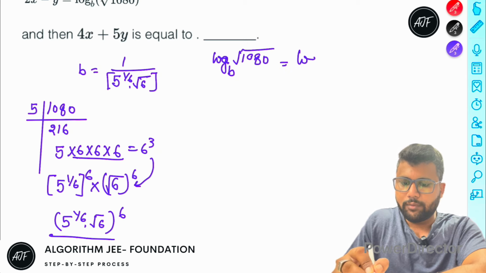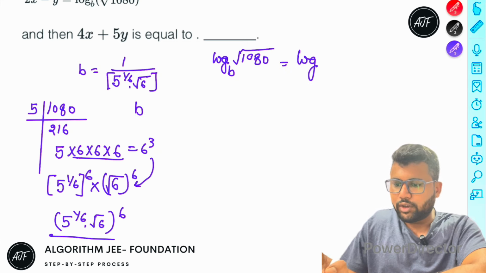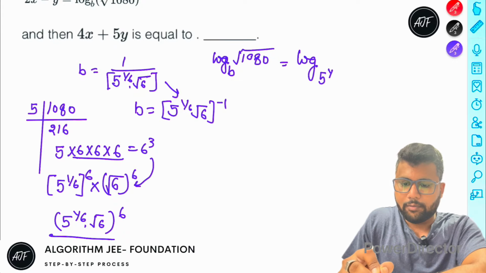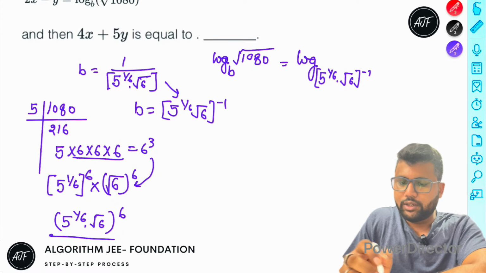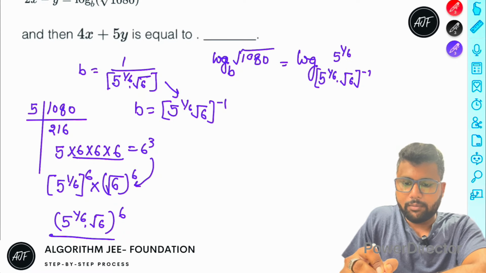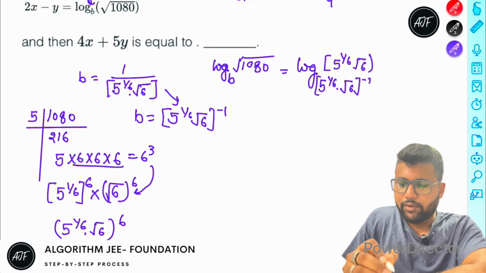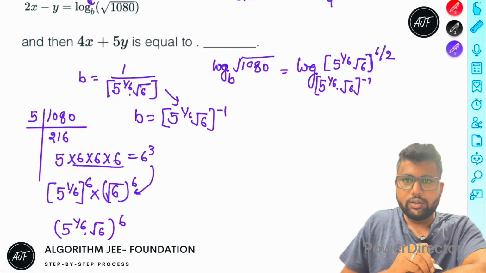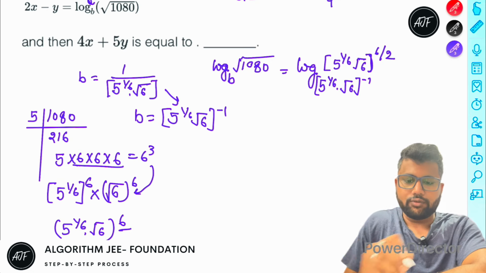Now you see that a is also written as 5 to the power 1 by 6 and root 6 to the power minus 1 in this one. So can you see 5 to the power 1 by 6 and root 6 to the power minus 1, and the 1080 is also 5 to the power 1 by 6 and root 6, whole power 6. The 1 by 2 power is on this side, so x to the power 6 by 2, because 6 is already given and the roots, that's why it is 6 by 2.